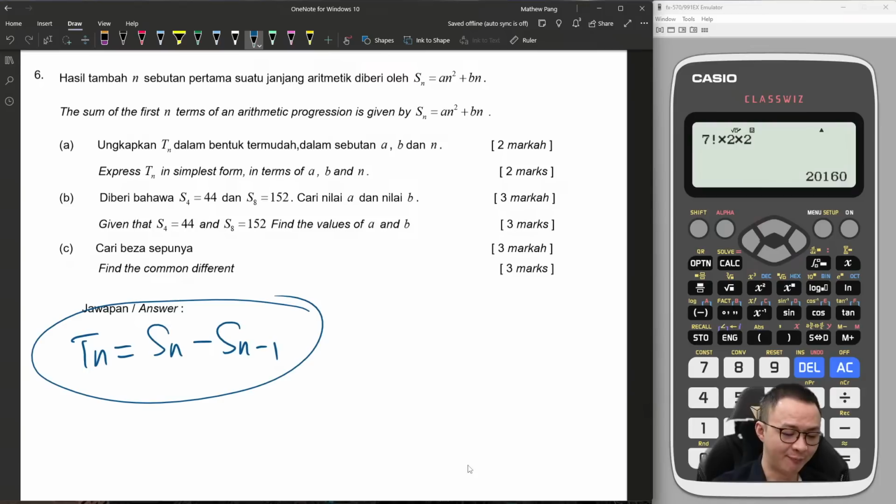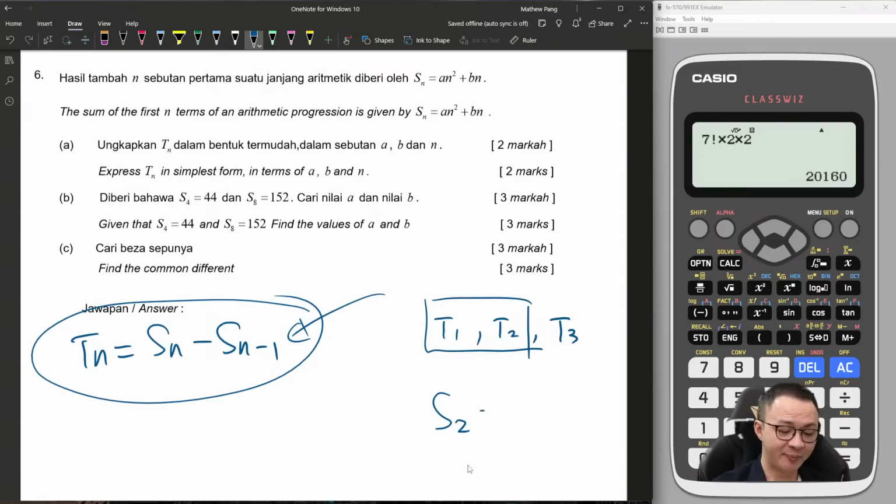Example, let's say I have term 1, which is a, and term 2, and term 3. This is just an example to explain this formula. Let's say I do S2. S2 basically is the sum of these 2 terms, so S2 is T1 plus T2, right? If I do S1, it is basically T1.